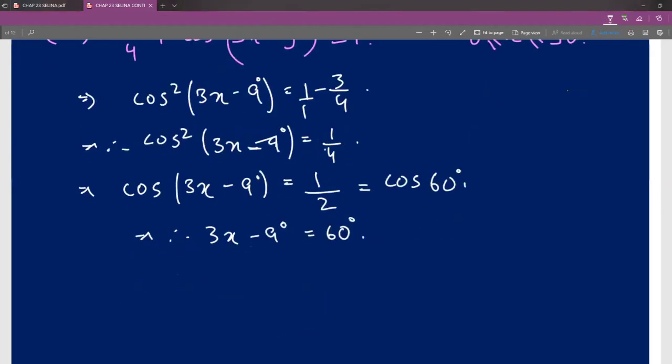Now scrolling down, 3x is equal to 60 plus 9, that will be equal to 69 degree. So x will be equal to 69 divided by 3, which will be equal to 23 degree. Therefore x will be equal to 23 degree.